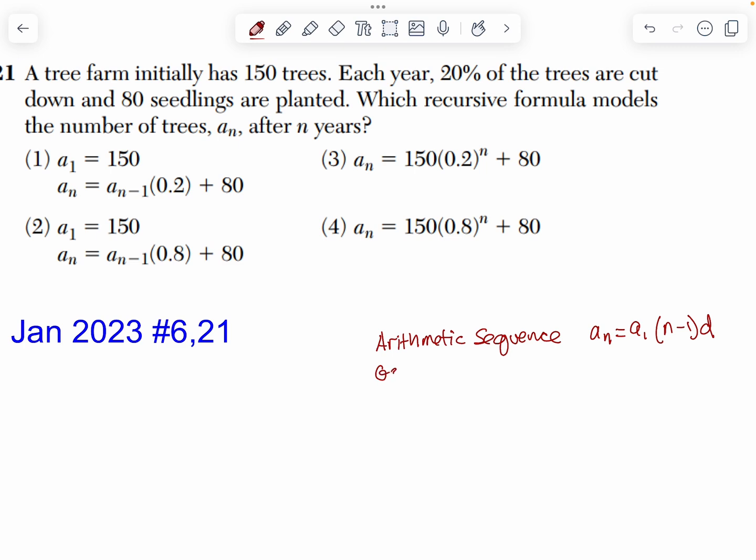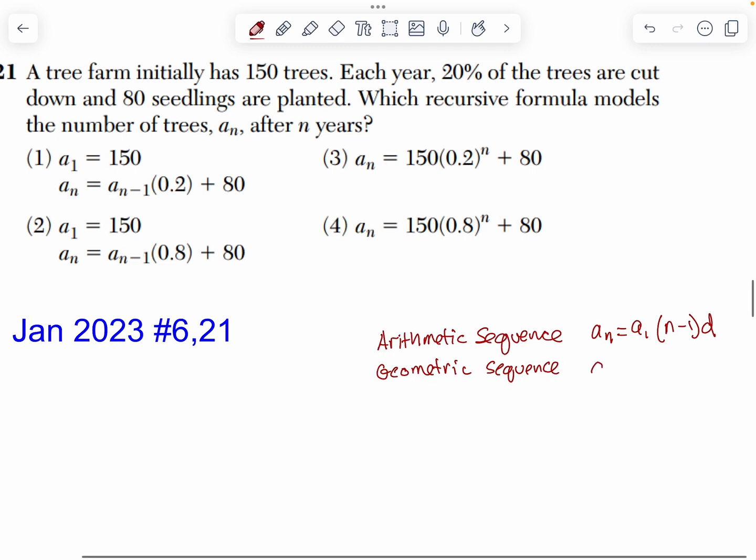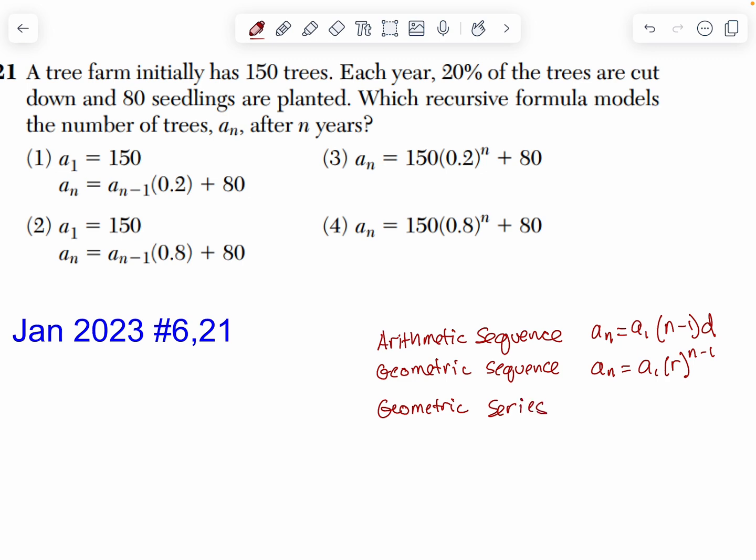Next, it says geometric sequence, which has a sub n is equal to a1 times r to the n minus 1 power. And the last one related to this topic is the geometric series formula, which has s sub n is equal to a1 minus a1 r to the n over 1 minus r, where r is not equal to 1.